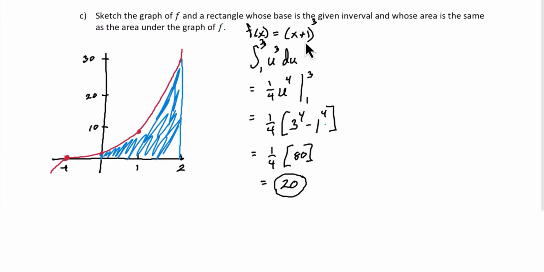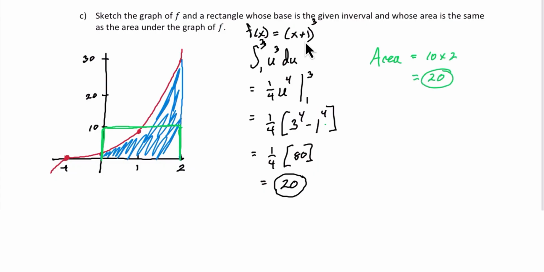And we're also looking at the rectangle whose base is the given interval, and we're going up to 10. That was our average value. And notice what the area of the rectangle is. That green rectangle, 10 times 2, 20.